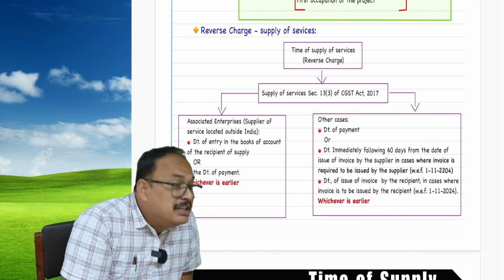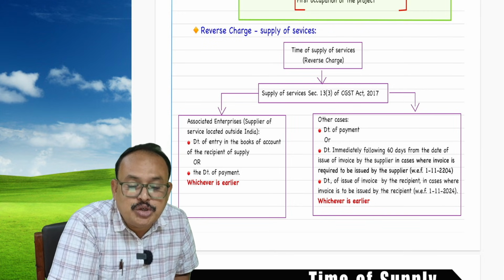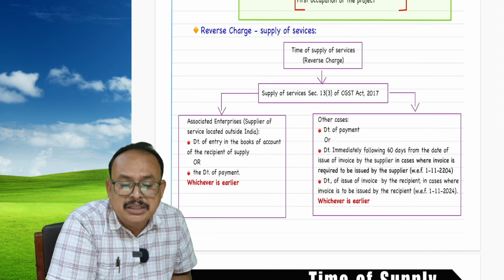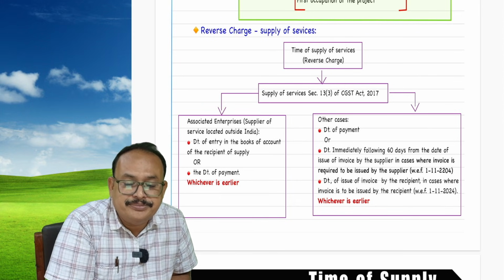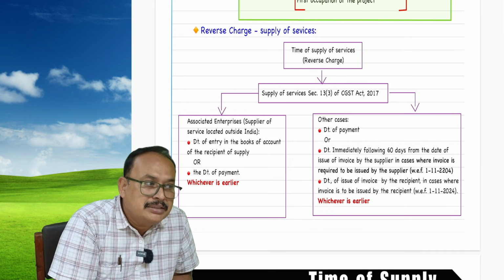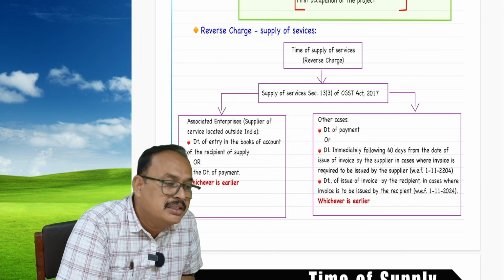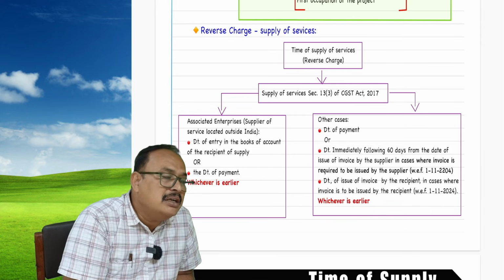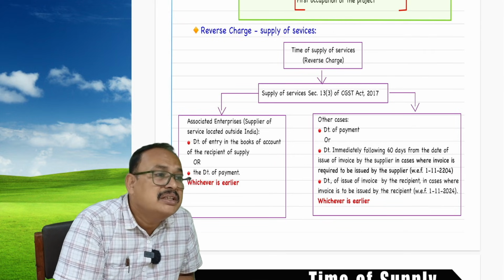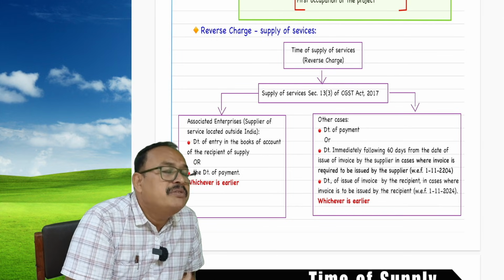If the supplier is an unregistered person, in that case the law here says date of issue of invoice by the recipient, in case where the invoice is issued by the recipient. Get my points? Time of supply in the case of RCM applying to supply of services: date of payment, or the first day that occurs after expiry of 60 days from the date of invoice issued by the supplier, whichever is earlier.